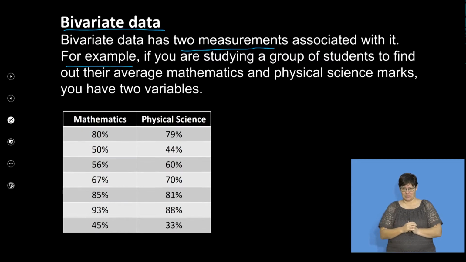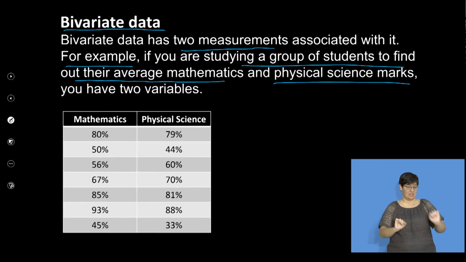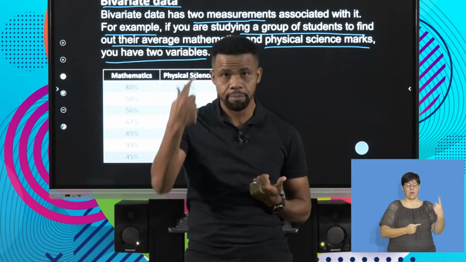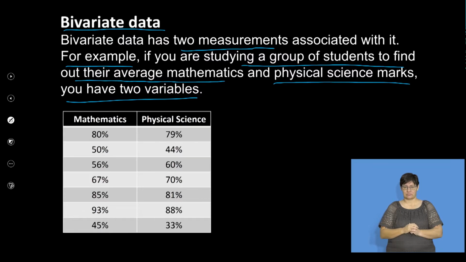For example, if you want to study a group of students to find out their average mathematics and physical science marks, you have two variables. So it's bi. By, we're talking about two. Univariate, talking about single. Okay. So this will be bivariate data.